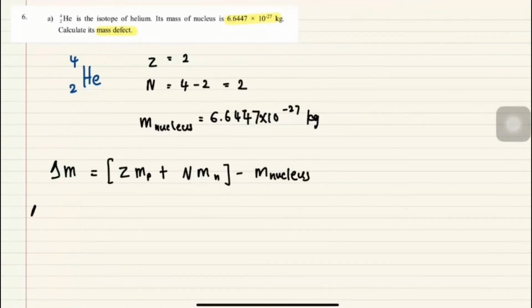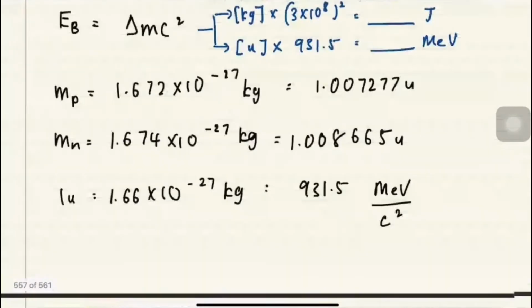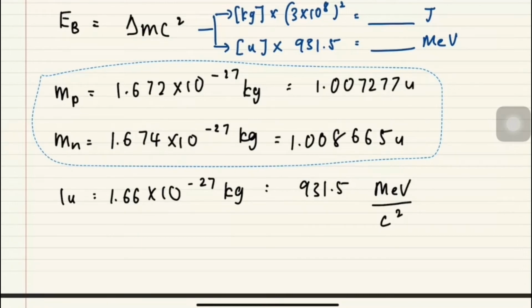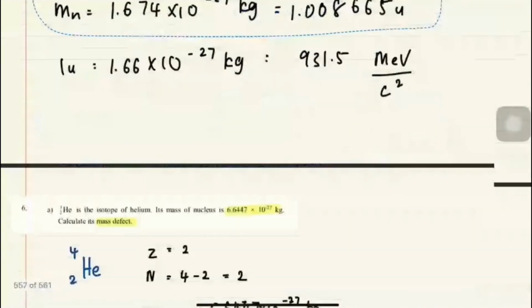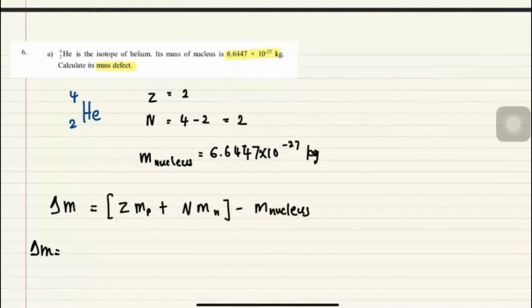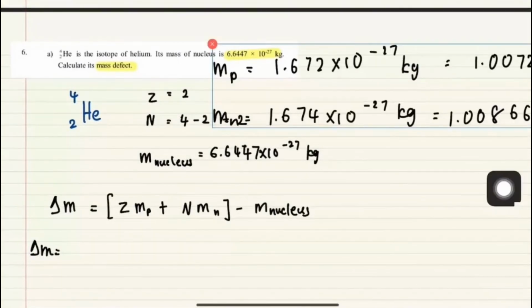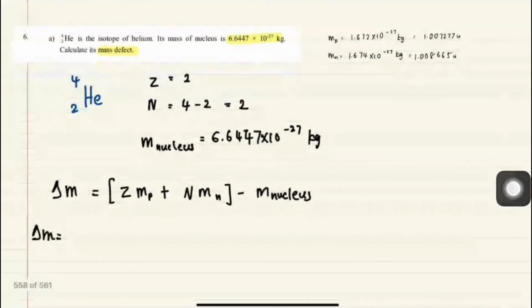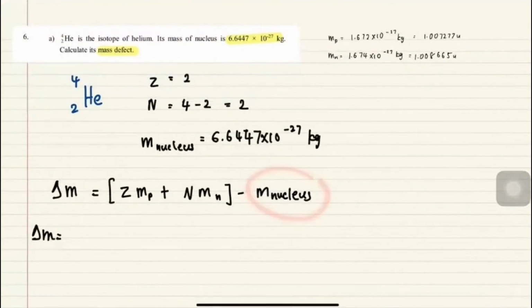So your delta M should be equal to... this time, do you want to use kilogram or U? Kilogram. Kilogram, sebab apa? Mass of nucleus tu dia beri dalam kilogram. So might as well you just use kilogram. Then the final answer will be in kilogram as well. These are the constants, just copy over here. Kalau dia beri mass of nucleus in kilogram, so you just have to use kilogram.